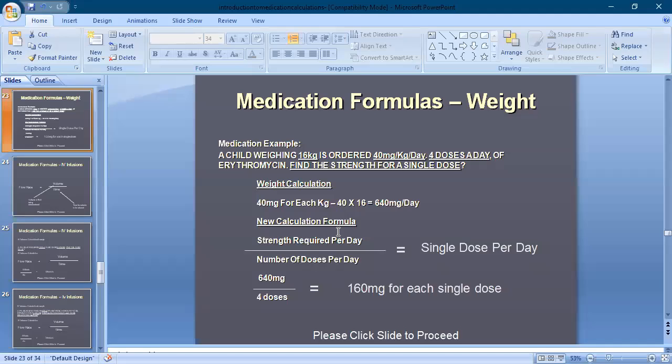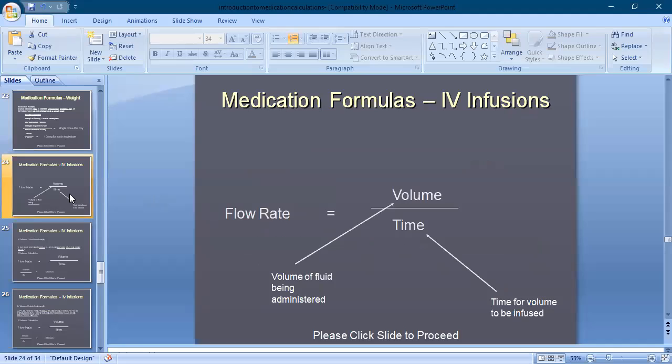But always keep in mind, we have to convert, and conversion is the first formula for calculating the mathematical problem. The medication formula for IV infusion: the flow rate in ml per hour equals volume divided by time.